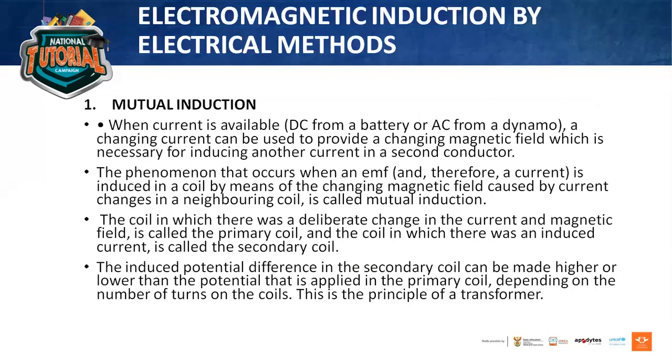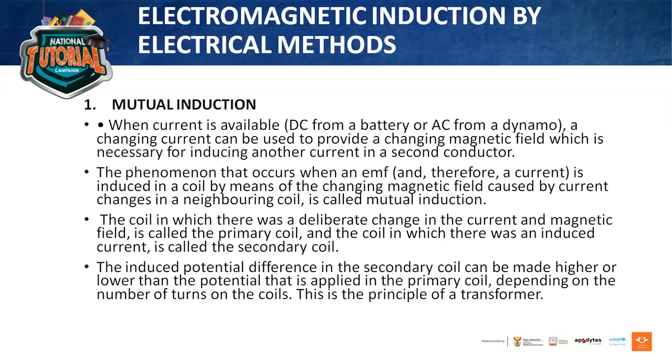Okay. And now we move to electromagnetic induction by electrical methods. There are always different methods that are used, but this one, which is within your syllabus, is something you need to know for your exam. When current is available, for example DC from a battery or AC, a changing current can be used to provide a changing magnetic field, which is necessary for inducing another current in a second conductor.